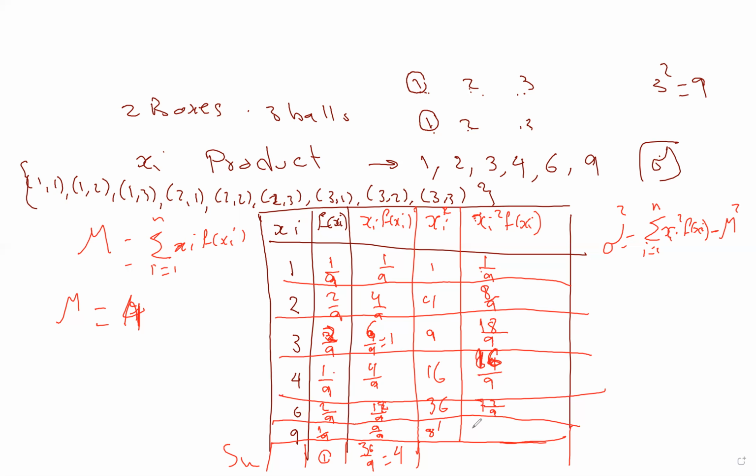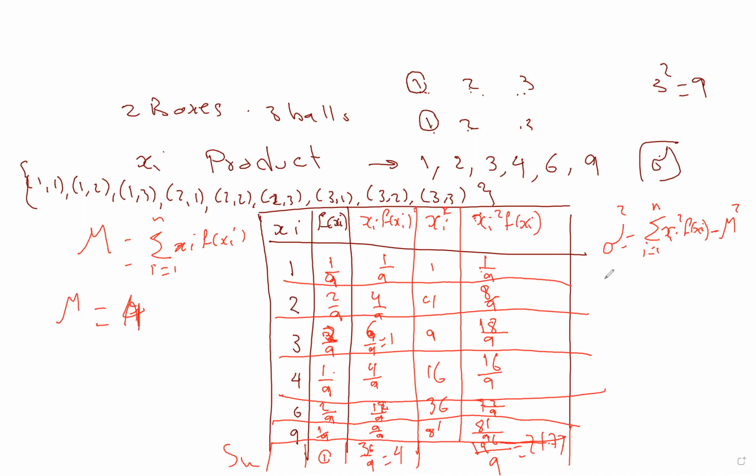And this one will be 81 over 9. To find the addition of them, it will be 9. Okay, it will be 21.77. Please try to revise this final result.